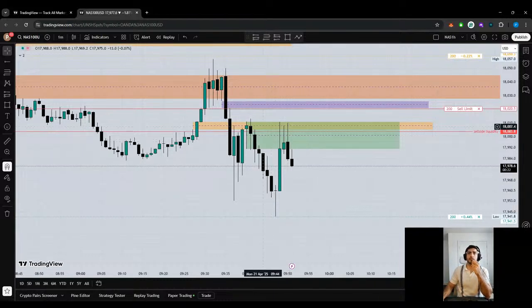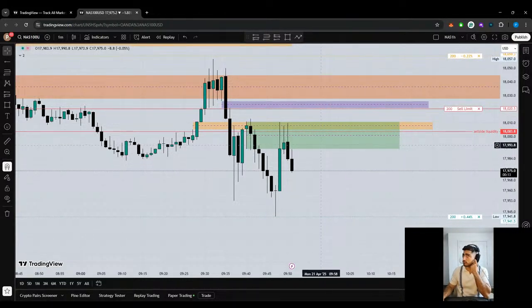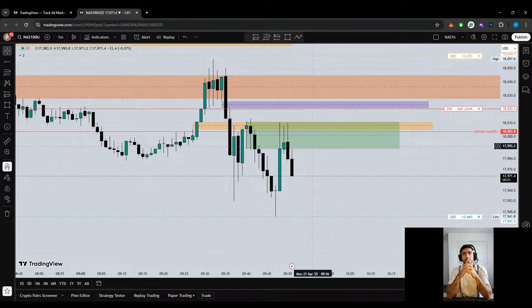And now that it left relatively equal highs up here, I'm even more willing to leave my sell limit there. Nice inversion.